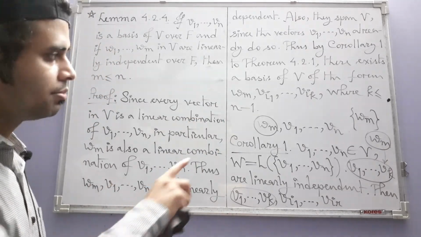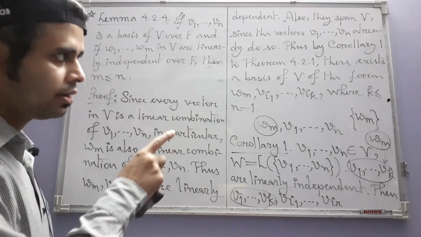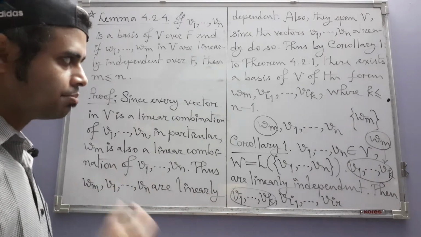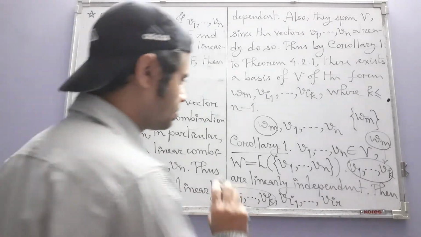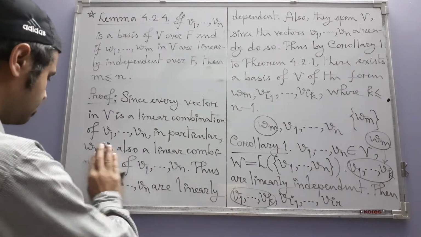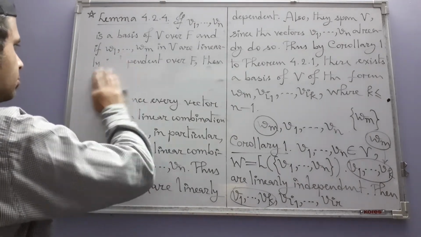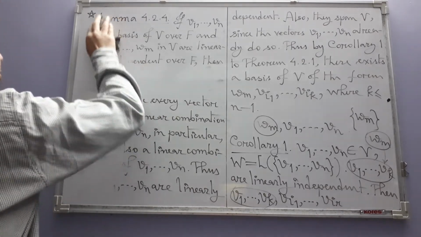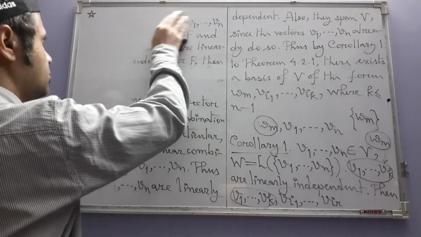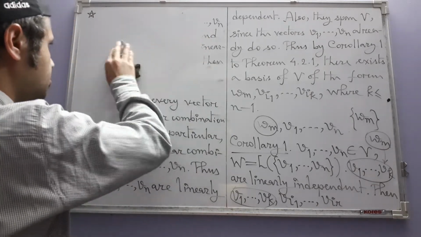Our loss will be exactly 1 v if k becomes equal to n minus 1. Otherwise, we have lost more v's. Let's just keep this part. Now we are going to move forward from this conclusion. So this is our basis. This is a new basis.